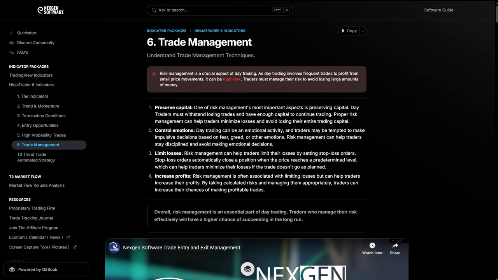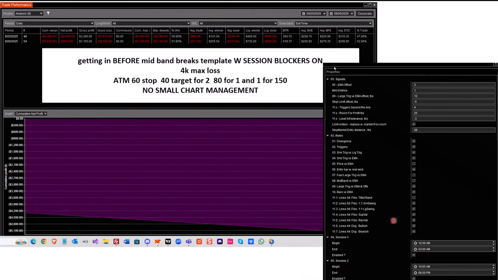What I've done is market replay for the last 2 days, Thursday and Friday at the end of September, and I ran the system as is with a couple different settings to show you some differences. The first one I ran was the default template, getting in before the mid-band breaks, with the session blockers on, max loss.